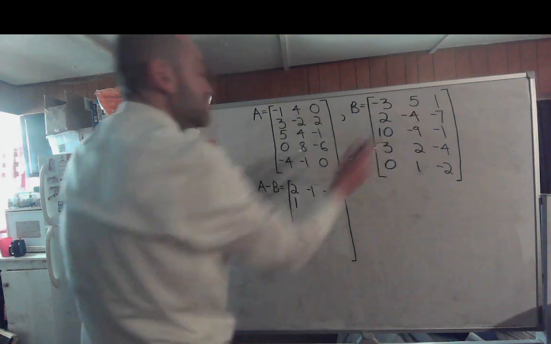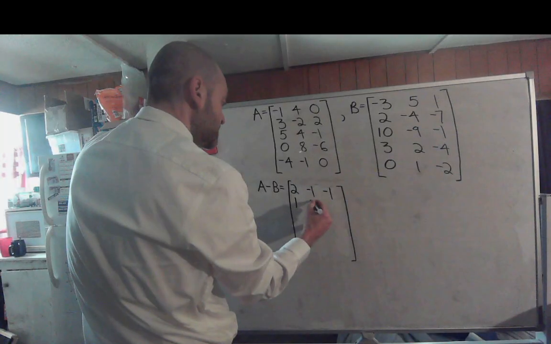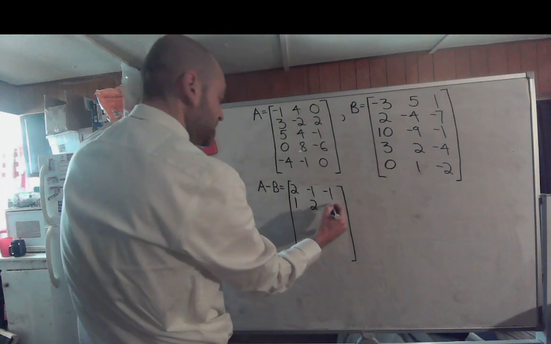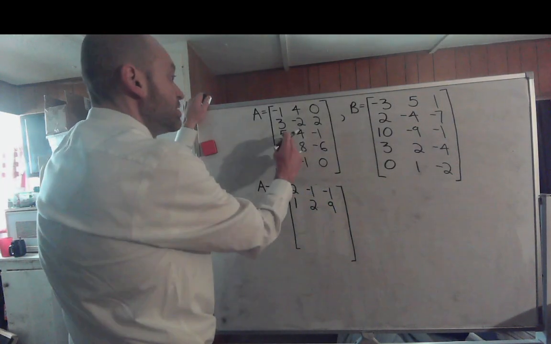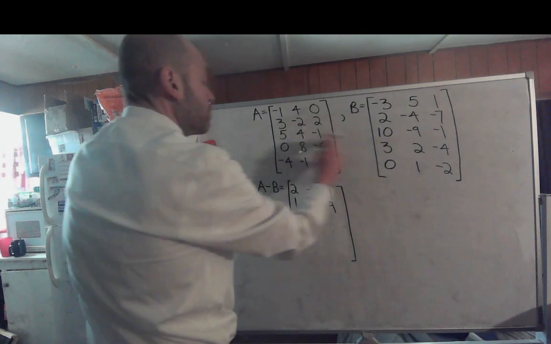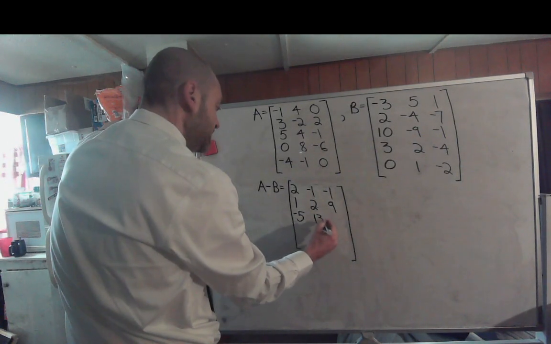Negative 2 minus negative 4 turns into negative 2 plus 4, which is 2. 2 minus negative 7 turns into 2 plus 7, that's 9. 5 minus 10 is negative 5. 4 minus negative 9 turns into 4 plus 9, which is 13.